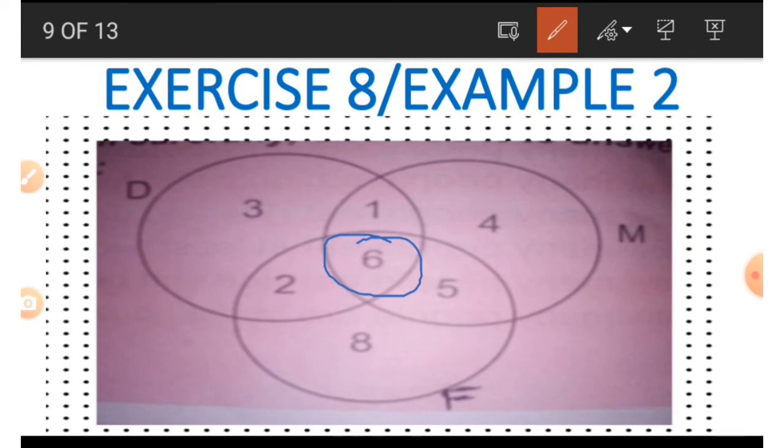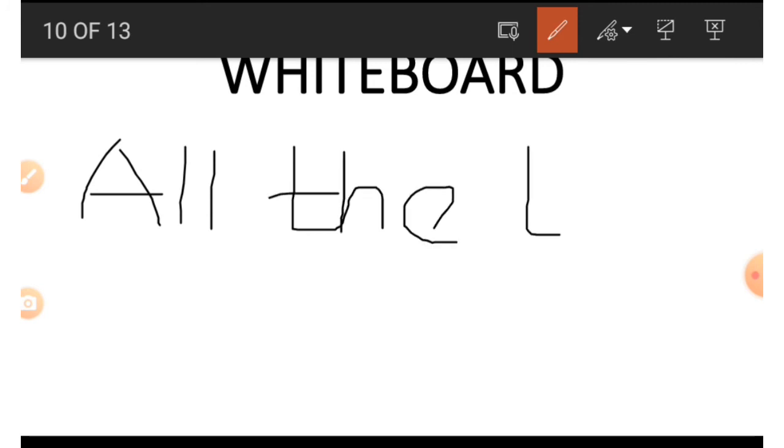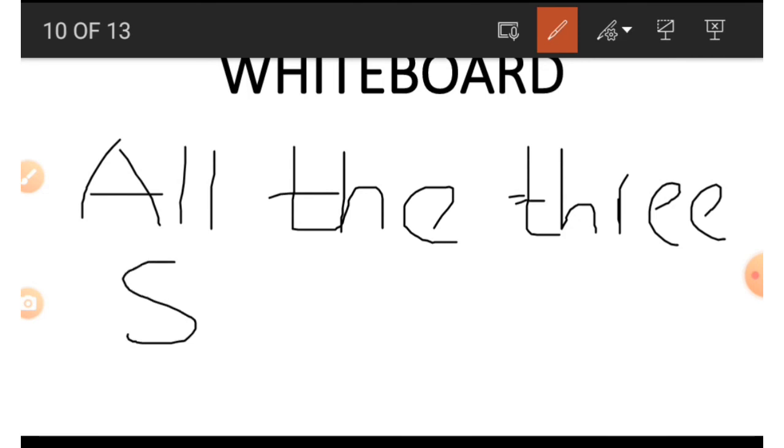Alright, now finally is the middle. How many pupils offer the 3 subjects? Okay, so normally we ask this question like this: how many pupils offer all the 3? Alright, all the 3 subjects. So what we do is to go to where the 3 subjects intersect, or the 3 circles intersect.